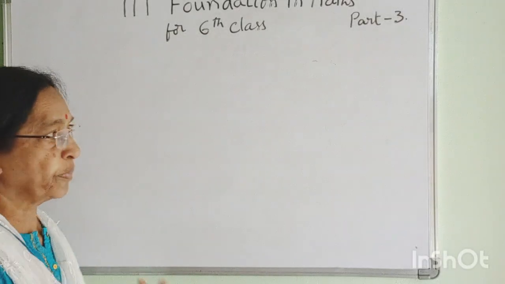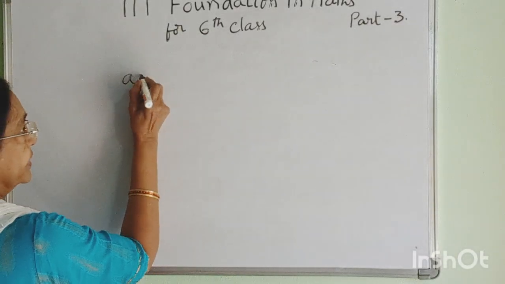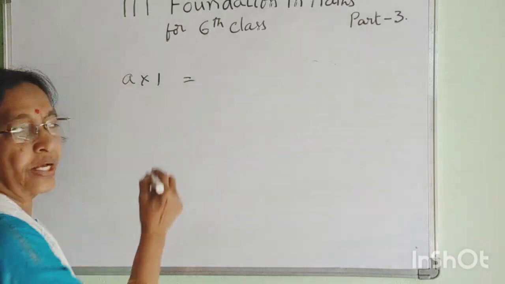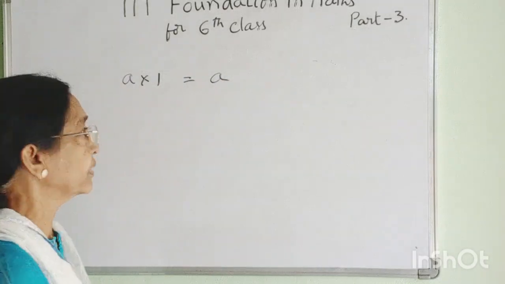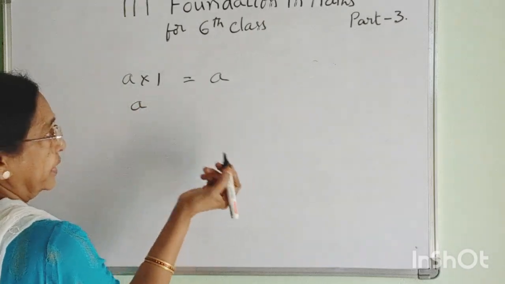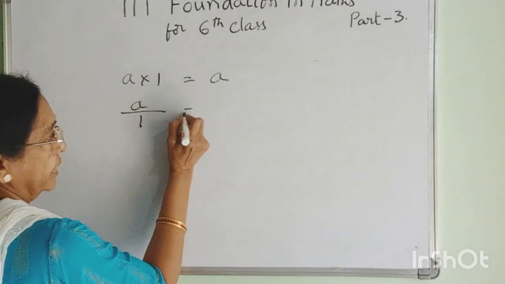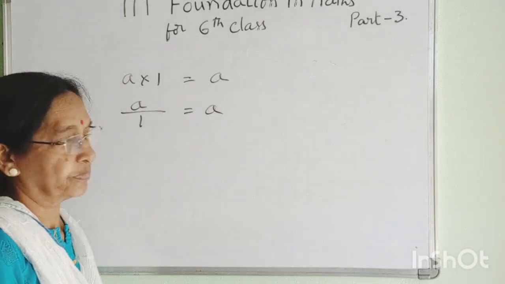When an integer is multiplied by 1, the value does not change; the same integer will come. When any integer is divided by 1, the same value will come.